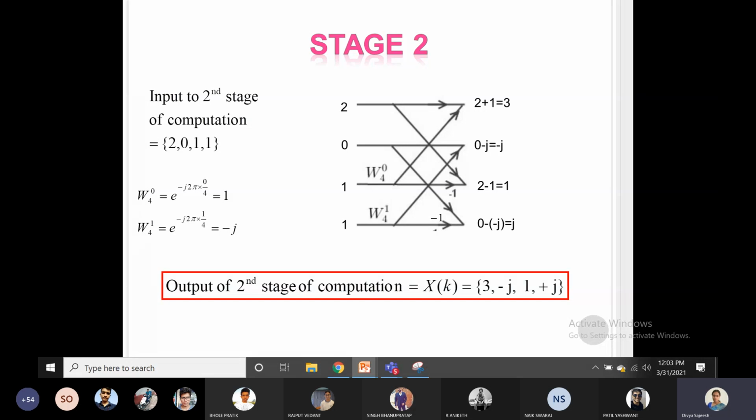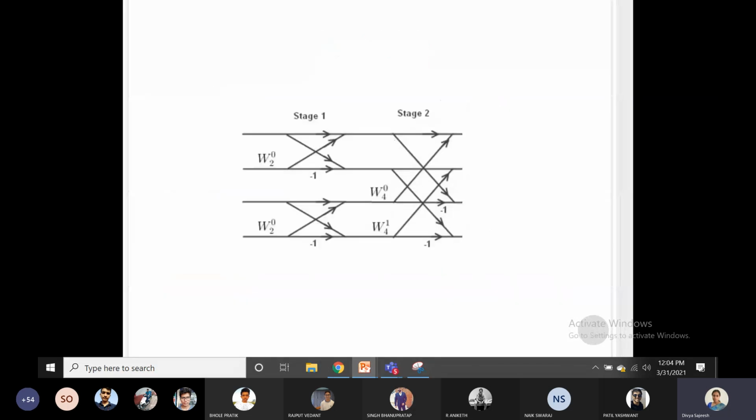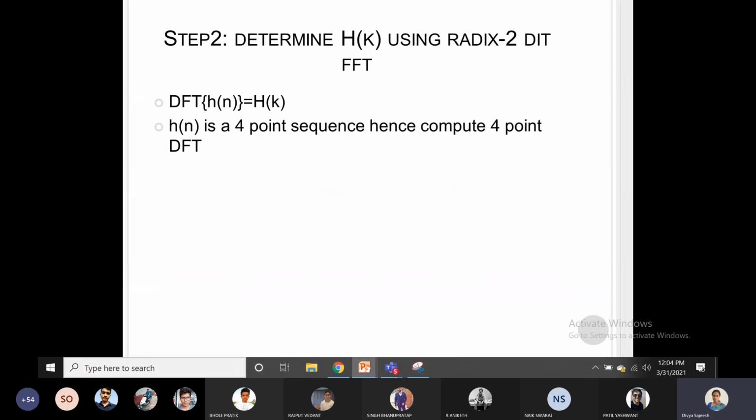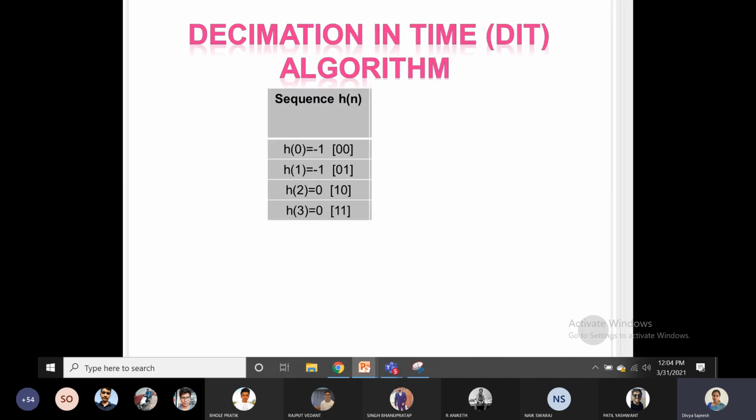Now the same way you have to calculate for h of k. You have to find x of k and h of k, then you need to multiply those two. Okay, so let us now determine h of k using the radix-2 DIT-FFT method. So the DFT of h of n is h of k. h of n is again a 4-point sequence, so you need to compute it by the 4-point DFT-FFT method.